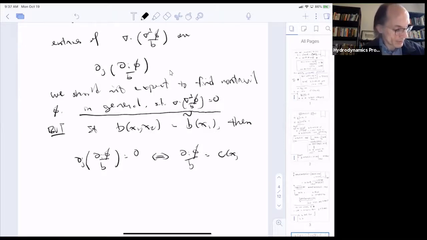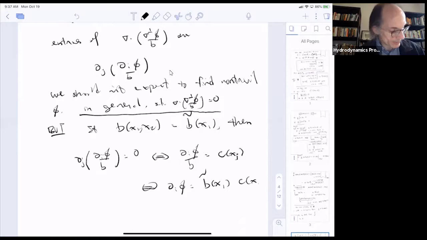That depends on, right, so I integrate in the x_j directions, and so it'll depend on x_i. And in other words, d_i phi is b of x times c of x_i for i being 1 and 2.